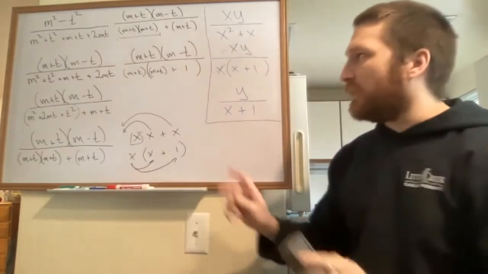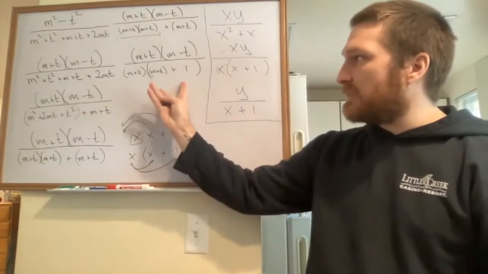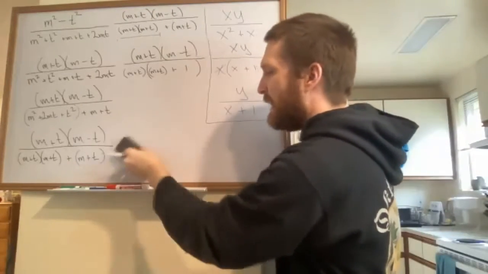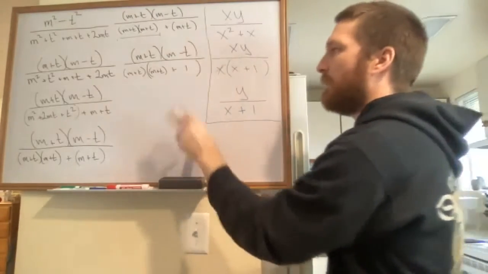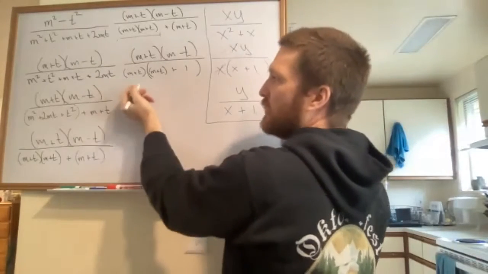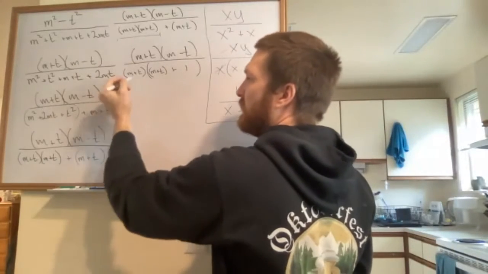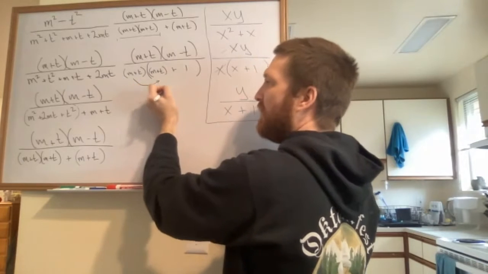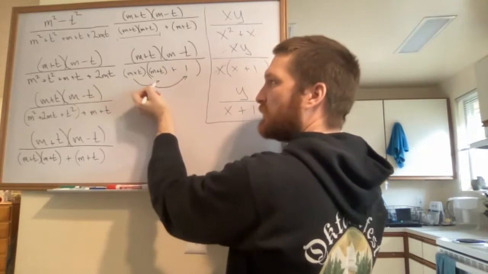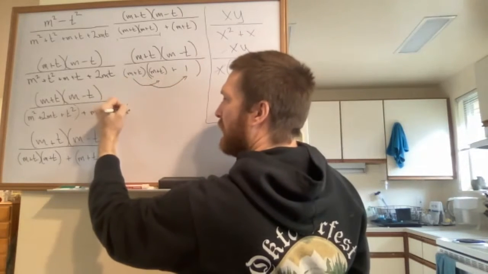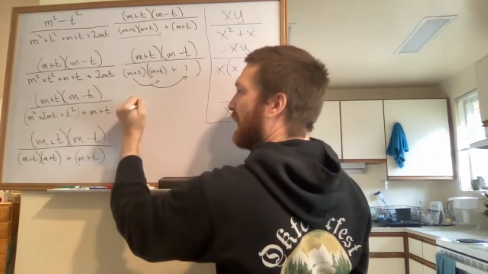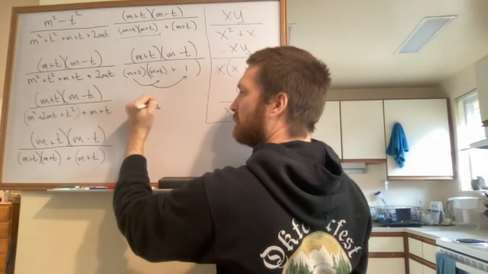Now, remember what I do. I take a step like this, and I like to double check it. I do that in my head, but let's be really explicit about this right here. So this has to jump over and hit that, and then hit that. When it jumps over and hits that, we get m plus t, which is that guy, times that guy, which is an m plus t.